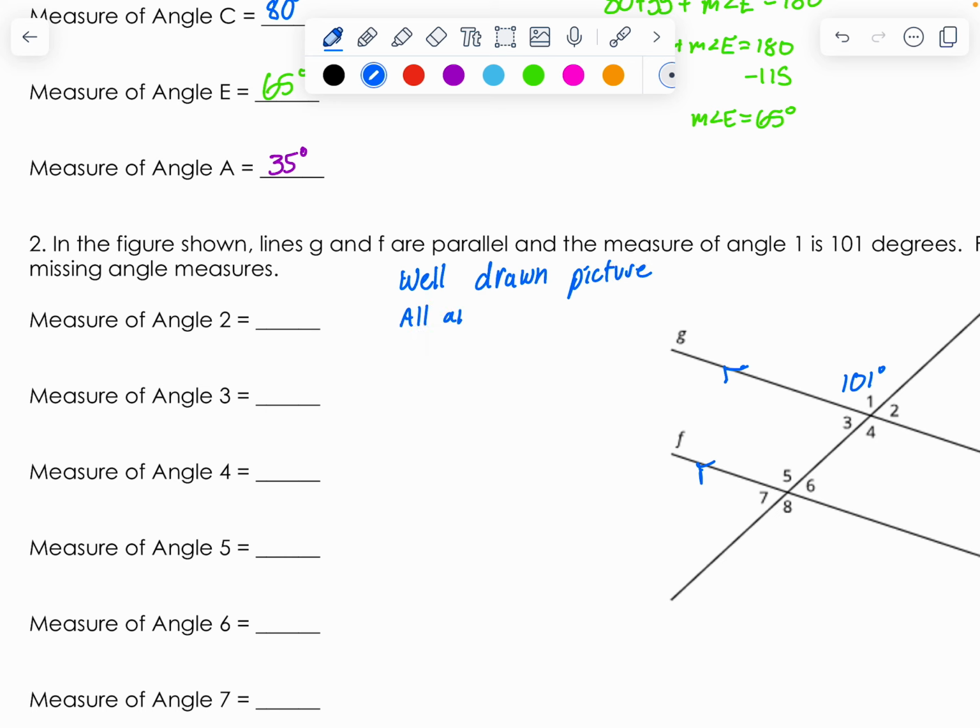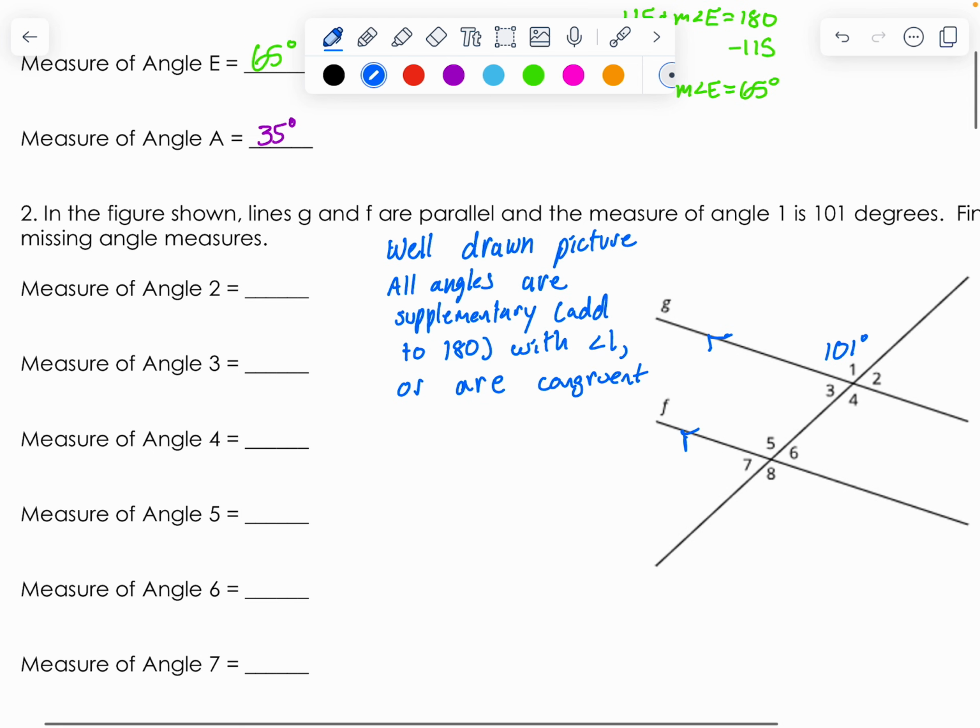All angles are supplementary (add to 180 with angle 1) or are congruent.